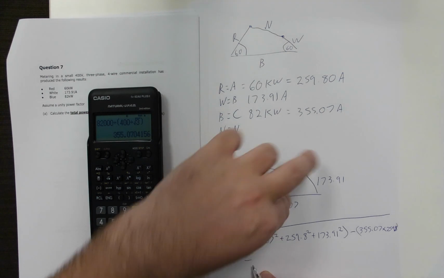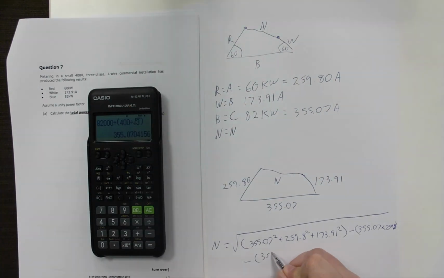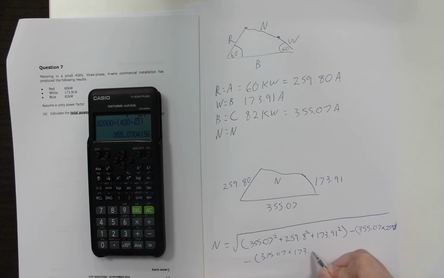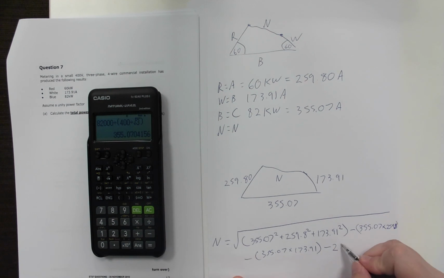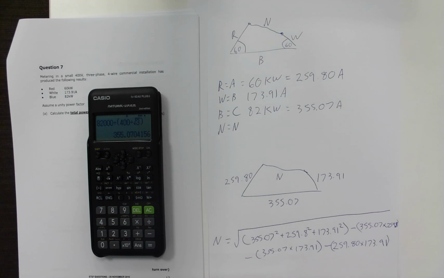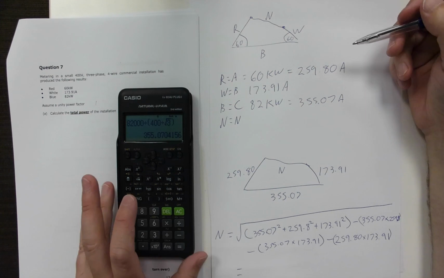So that's that times that, and then we do that times that. So 355.07 times 173.91, and then we do that times that, or minus that times that. So 259.80 times 173.91 in brackets. I hate typing this one in. You'll see why I like the other version as I go through this.